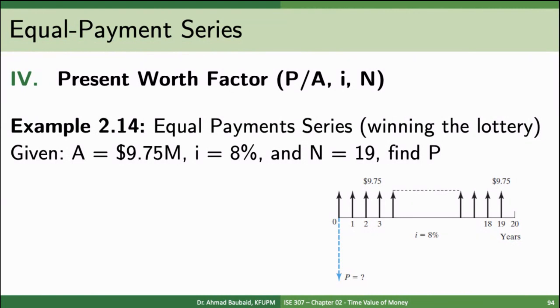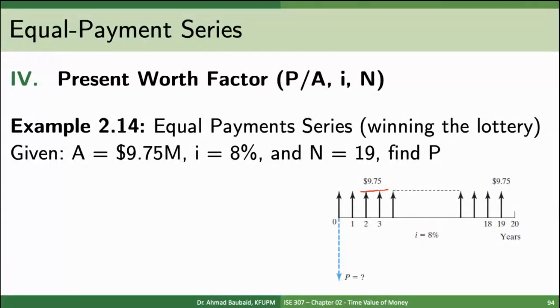And then I want to give you a payment every year for the next 19 years, right? So the first one is today, and then for the subsequent 19 years, I'm going to give you the same payments. Also today, you're going to get the same value, which is 9.75 million, let's say. The interest rate is 8%, and I want to find the equivalent worth of this payment in today's money, in today's dollars. Okay, so I want to find P.